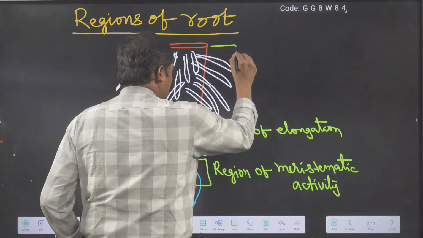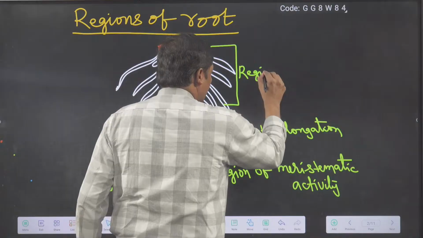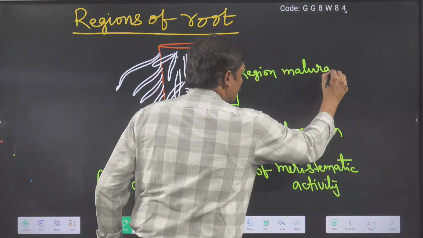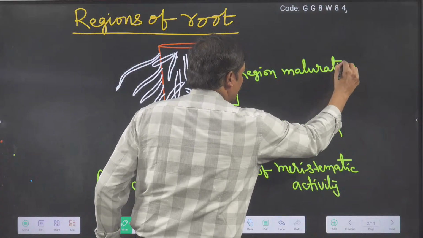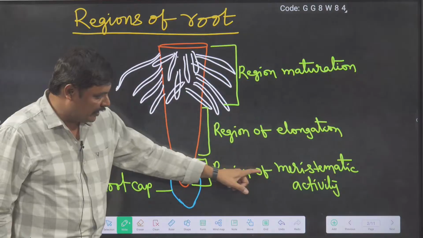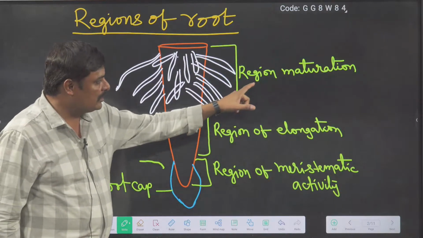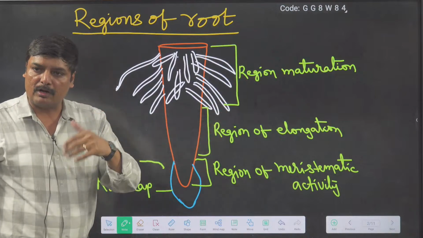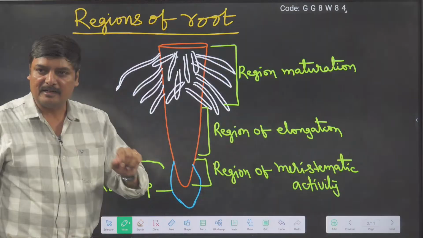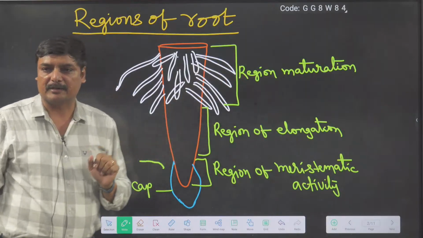This part is called region of maturation. Region of meristematic activity, region of elongation, region of maturation, or you can also call simply meristematic region, elongation region, maturation region.